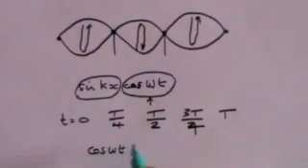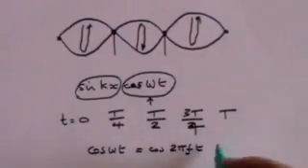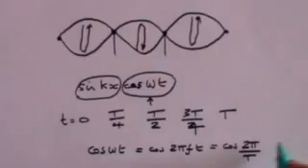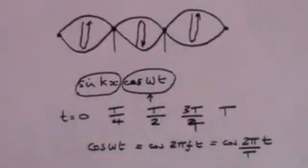Well, cosine omega t, remember I told you that omega is 2 pi f, so that is the cosine of 2 pi f times t, where t is the time in seconds. But f, I told you, was 1 over capital T, so that equals the cosine of 2 pi divided by capital T times the time in seconds. And now we can look to see what happens to this cosine term here, for these values of t.